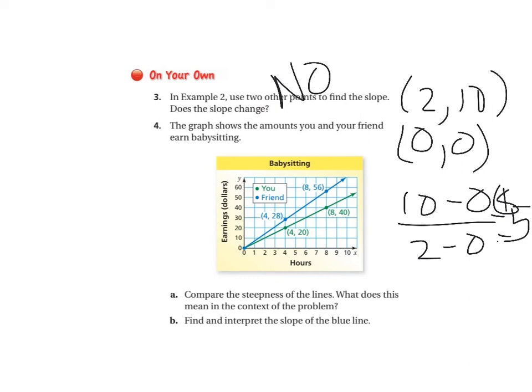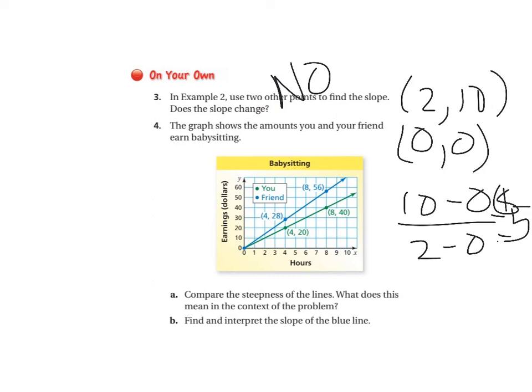If we look at our friend's line, we can see that it might be going up a little bit faster than ours. So when we're at 2 hours and we're making $10, our friend is at 2 hours and they're making about $15. So that means they're making more money than we are. So you need to write that in your notebook.